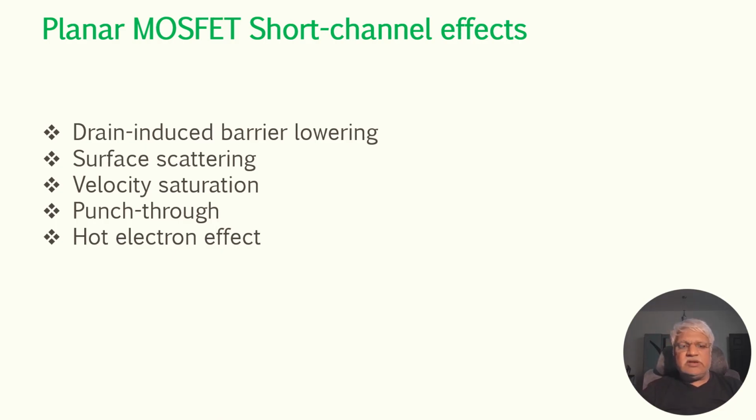These are the drain induced barrier lowering, surface scattering, velocity saturation, punch through, and hot electron effect. So briefly we will figure out what these are, and later we will go to the FinFET and GAA.